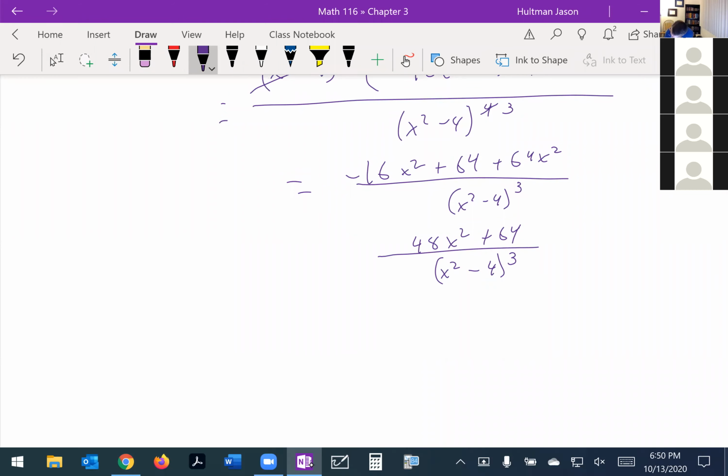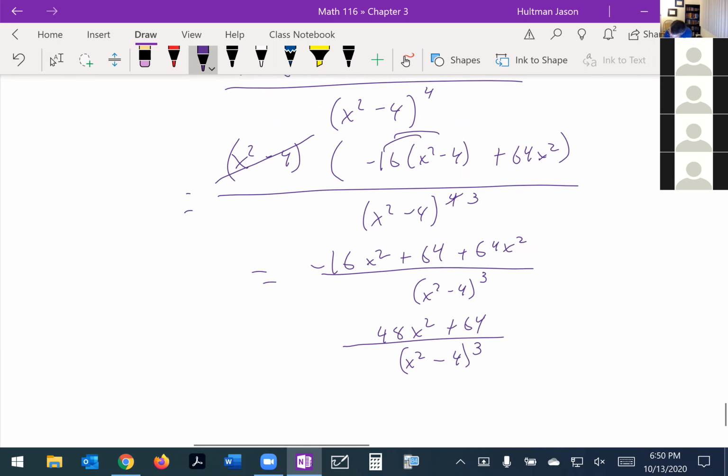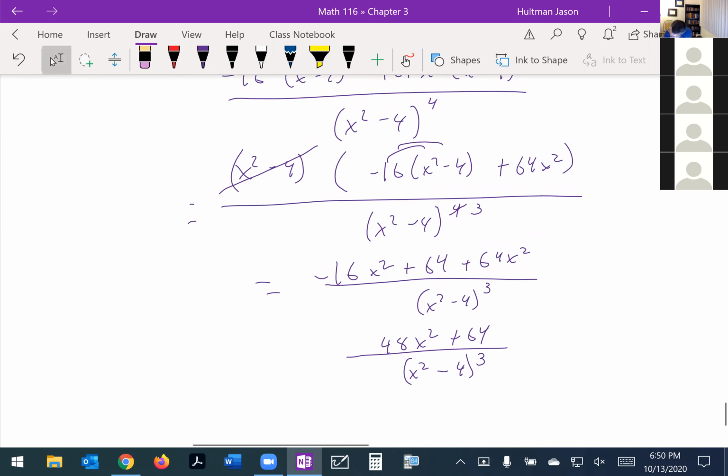So let's see what we get here. And I want to set this thing equal to 0.